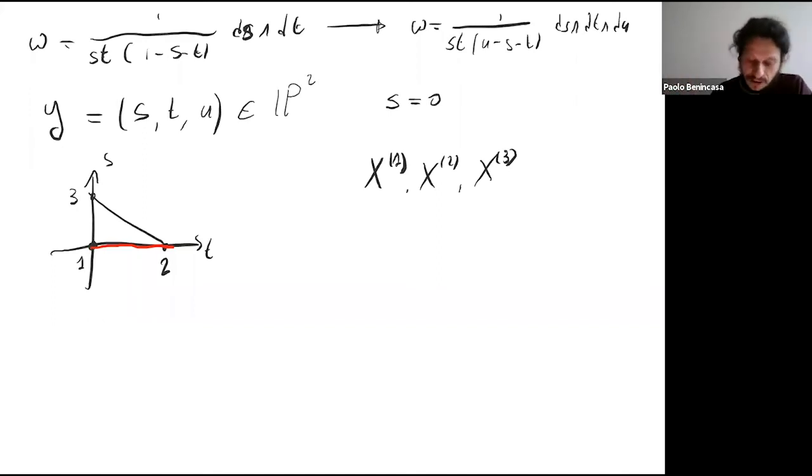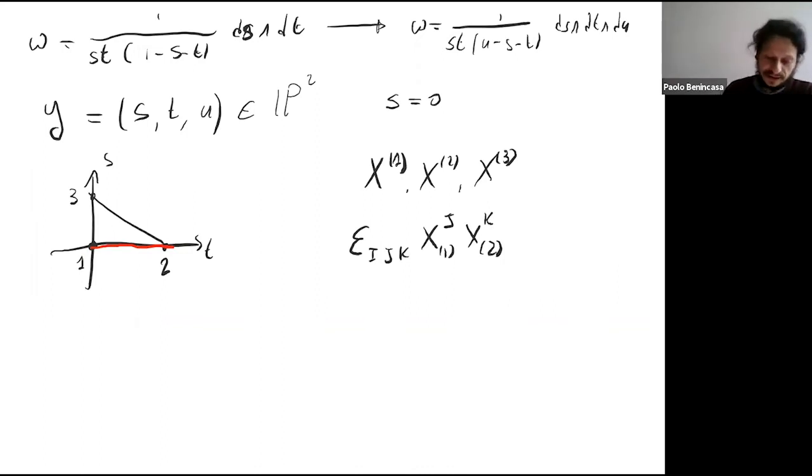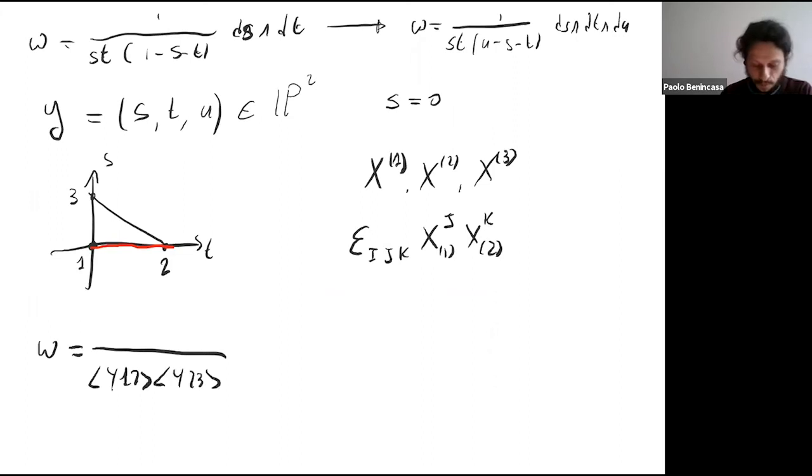And therefore, this plane can be written as x, this is the Levi-Civita symbol. And hence, I can write the same for the other one. So I can write my differential form as y1, 2, y2, 3, y3, 1.